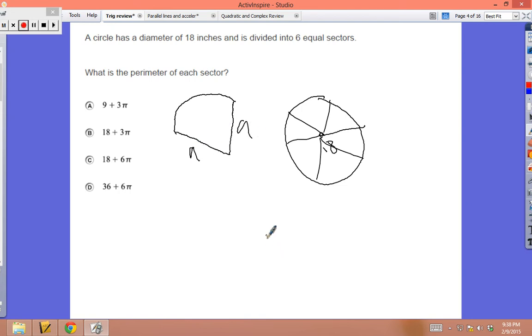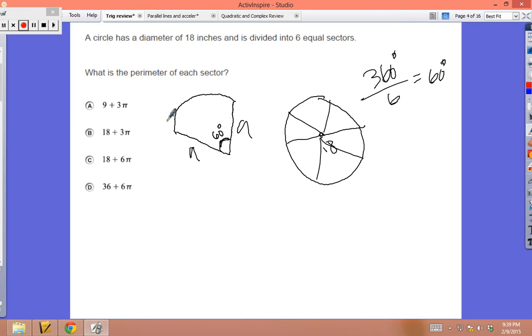And then if I know this angle right here, which is going to be the total divided by 6, because I divided it into 6 equal portions. So 360 divided by 6, each portion is going to be 60 degrees. So this right here is 60 degrees.